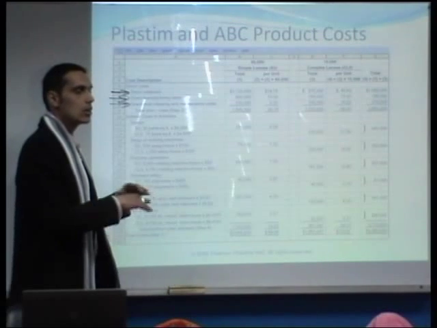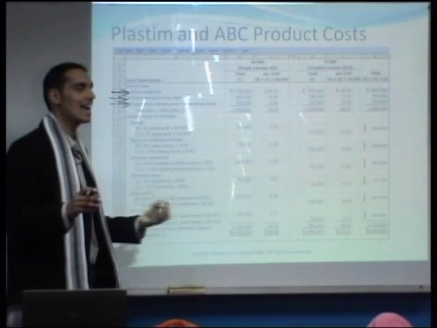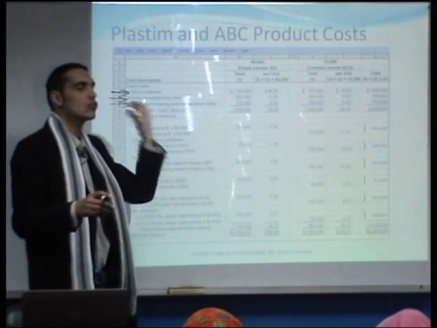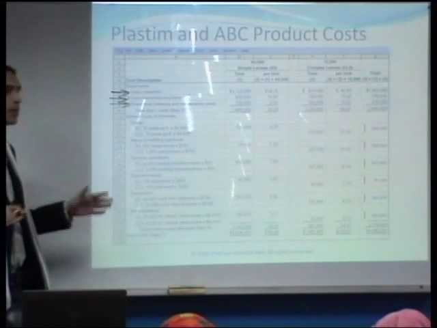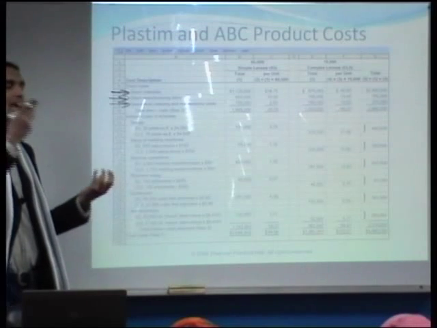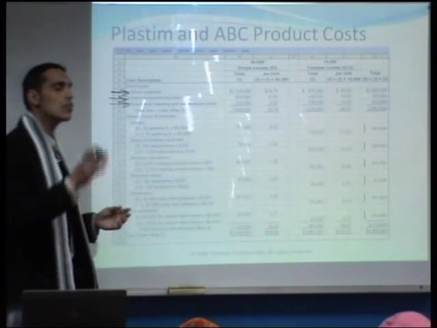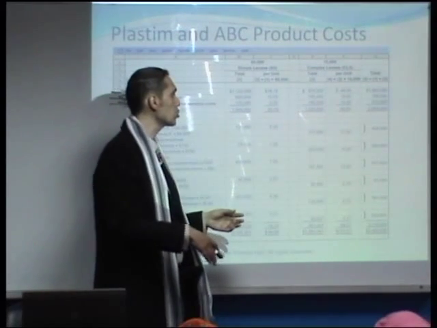Of course, after allocating all the indirect cost pools, we end up with the total indirect cost that is allocated to a specific product. Now, the last step, step number 7, we need to add up the direct costs with the allocated indirect costs in order to determine the cost of a specific product or service.